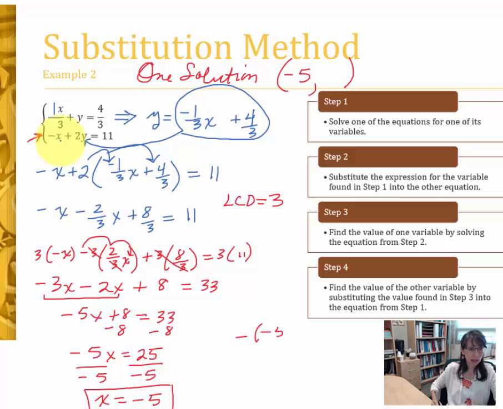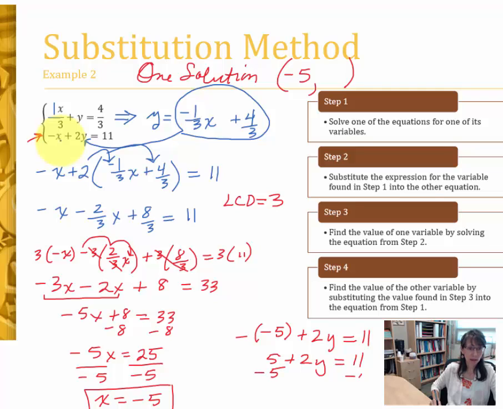Negative times the x value plus 2 times y equals 11. So right off the bat, we have something difficult. Negative x means negative multiplied by the x value. And our x value happens to be another negative number. So negative times negative gives us 5 plus 2y equals 11.